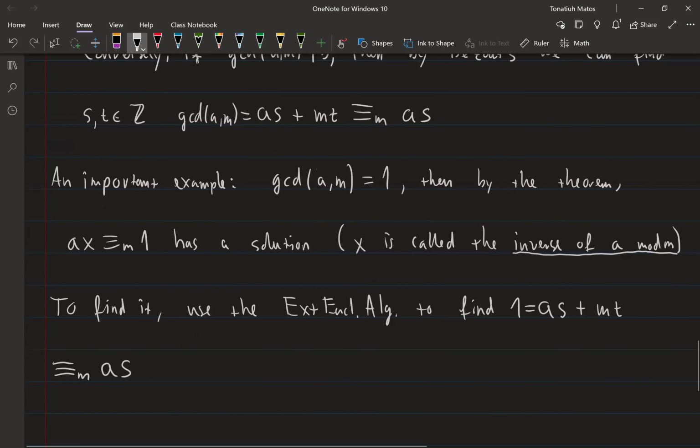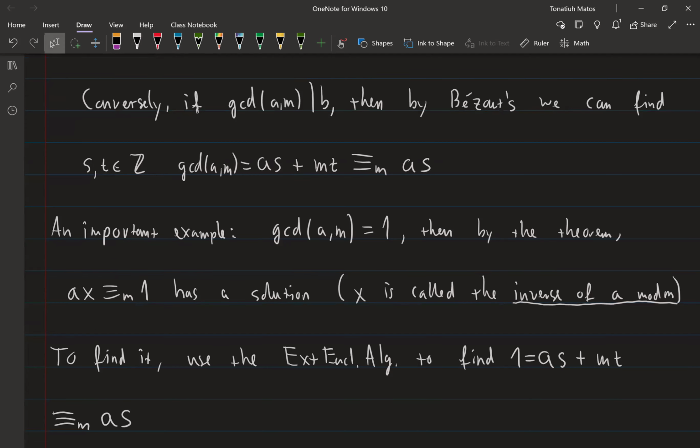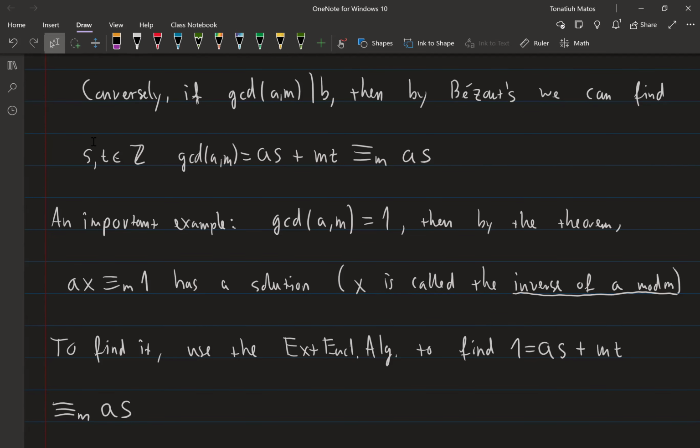Okay, so how do we conclude this last bit, right? In the case where the greatest common divisor is 1, this was easy to do because 1 always divides b. But what would you do in this case? So where does the b come from? Any ideas?